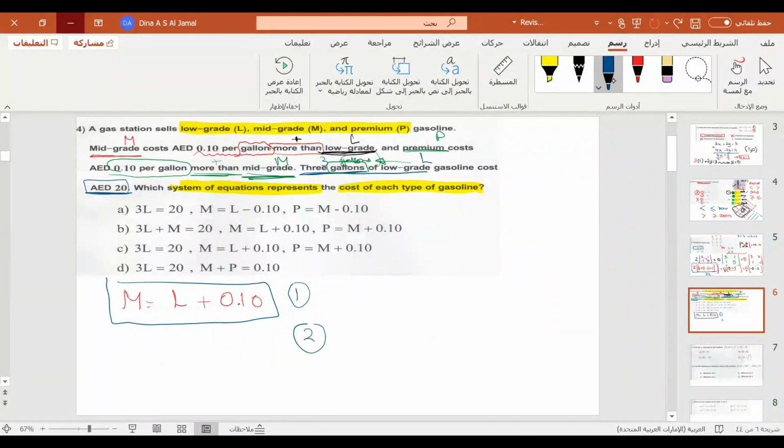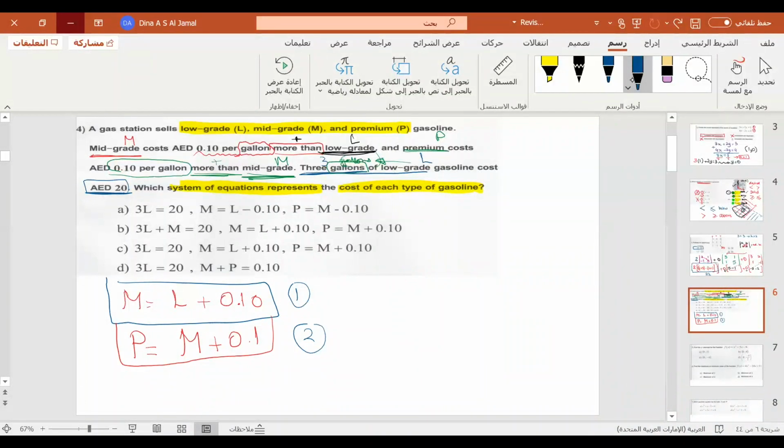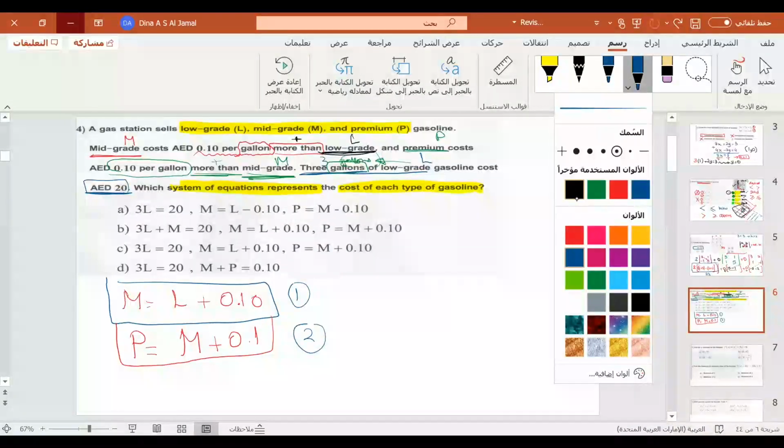Now you are done from the first equation. Let's go to the second equation. You are needing to connect between P and M. So your P will be your M more than, added to it, 0.1. Lastly, I don't have any variable connected to other variable. Now I'm connecting a cost to a variable directly.